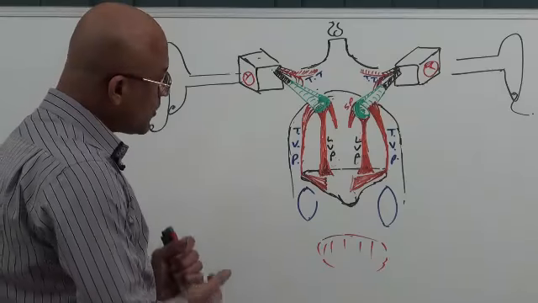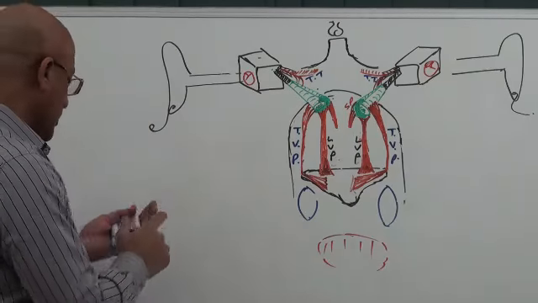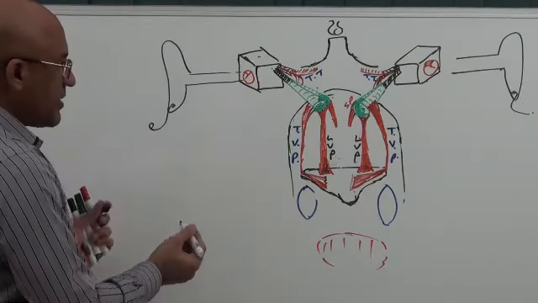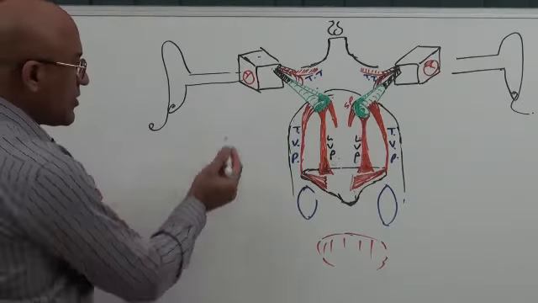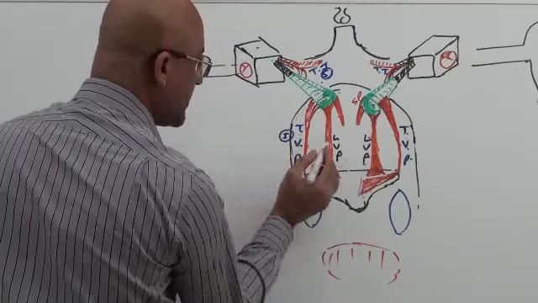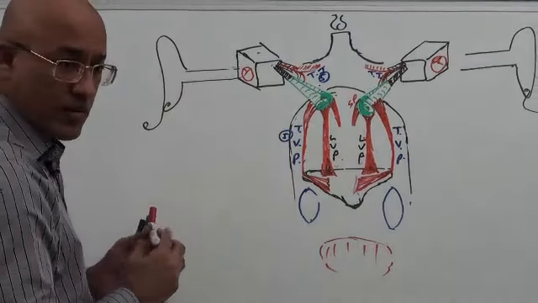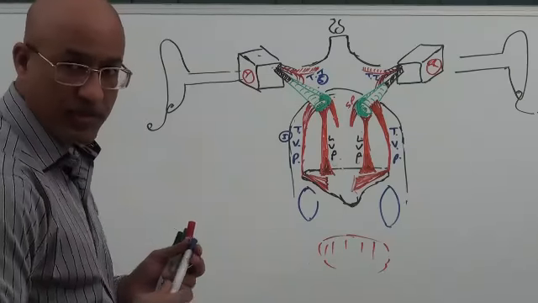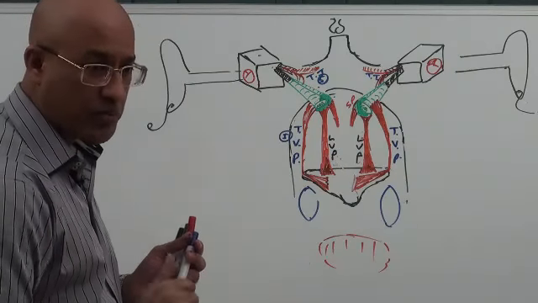Now, it is very important to know the nerve supply of these muscles. Tensor tympani and tensor veli palatini are both supplied by the fifth nerve, the mandibular division of the trigeminal, actually the motor part.